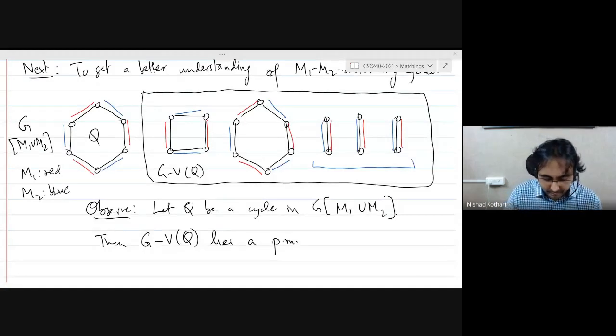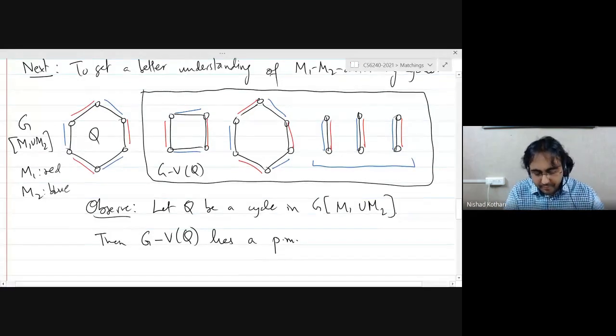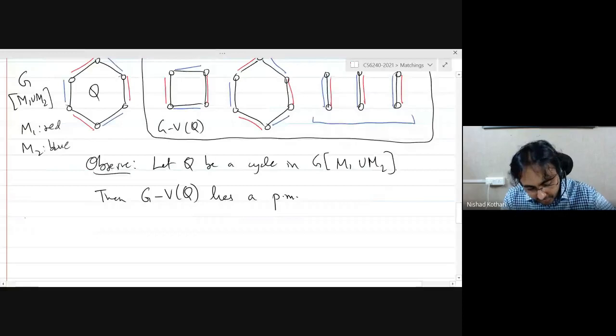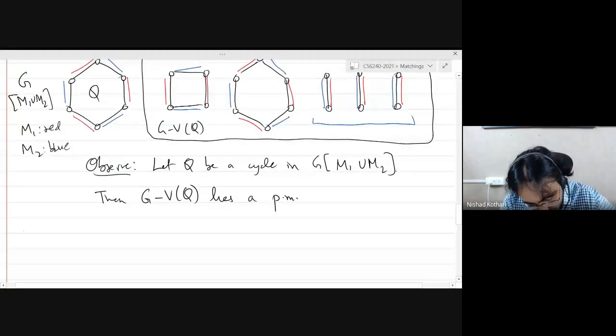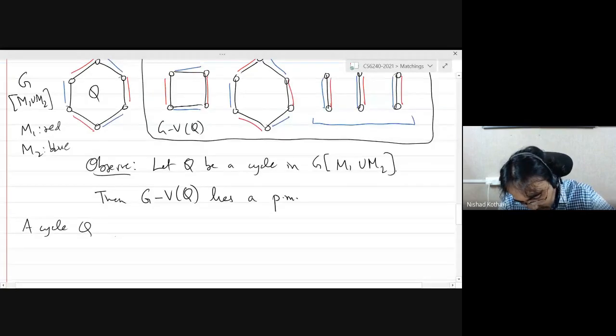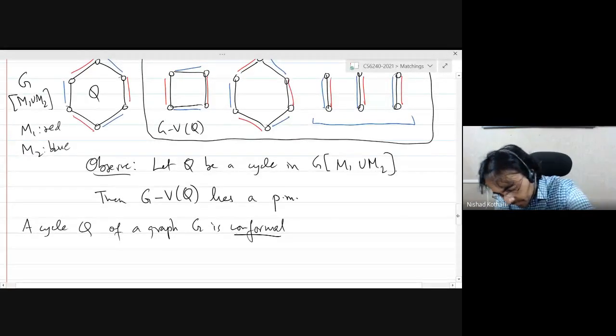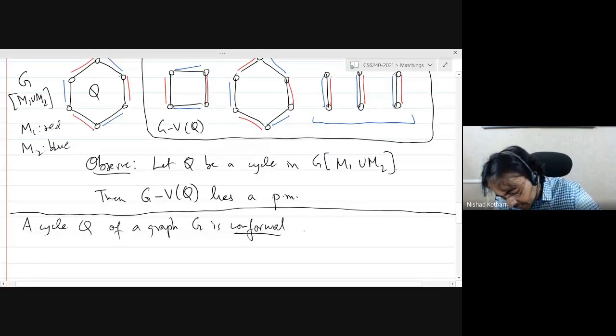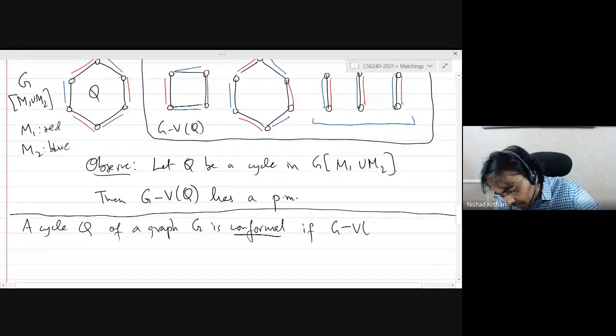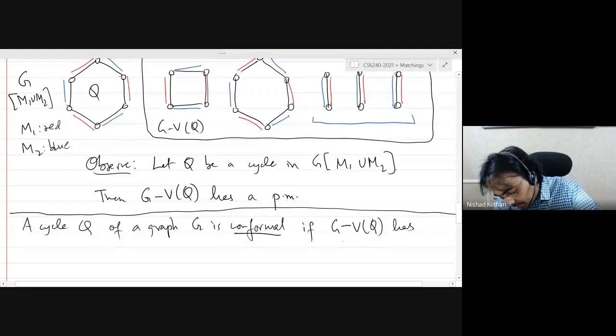Good. Okay. So we are going to put a new definition. A cycle Q of a graph G is conformal if G delete the vertices of Q has a perfect matching.